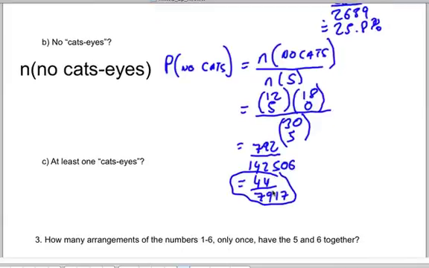So now the probability that we draw at least one cat's eye will be equal to 1 minus the probability that we draw no cat's eyes.